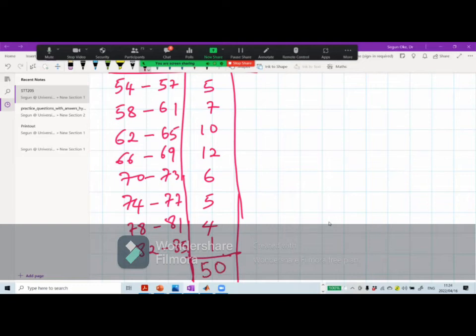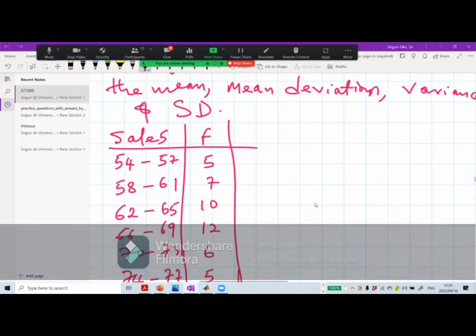Now the next thing is class mark. We call it x. Class mark, or midvalue, it depends.